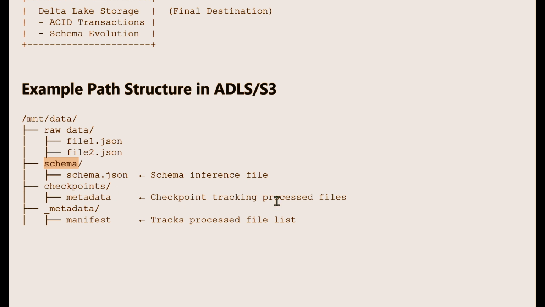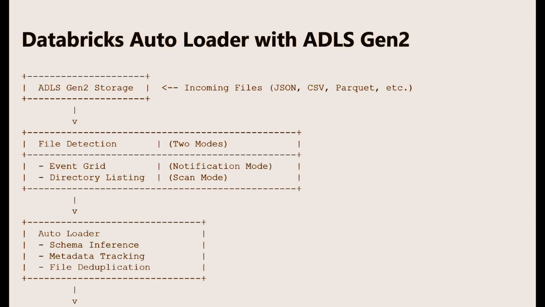So the checkpointing tracks the processed files, and the metadata is saved for future reference. So this is the manifest tracking the processed files. That's pretty much the idea behind the Autoloader, and hopefully this helps.